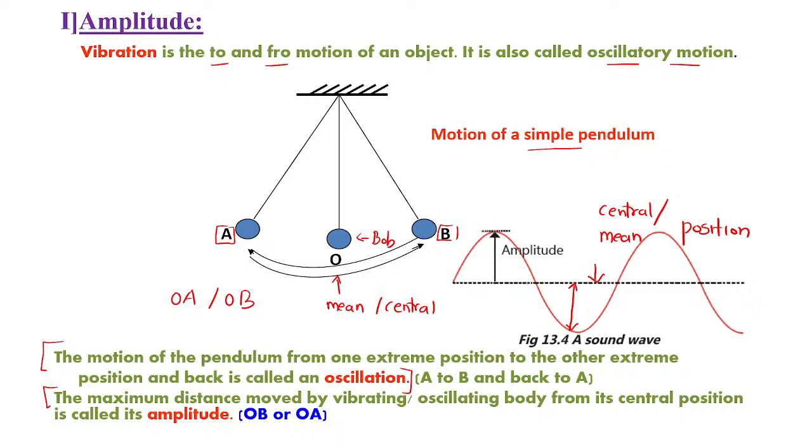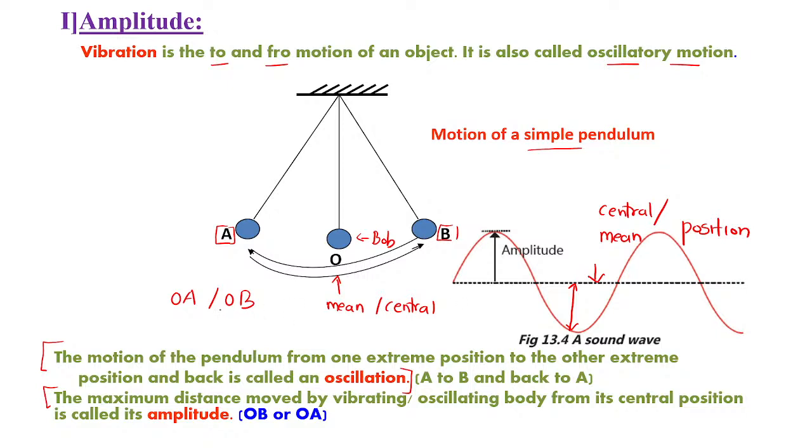First of all, to understand amplitude, we have understood what oscillation is. Back and forth movement is termed as oscillatory motion, and we have understood what one oscillation is. The motion of the pendulum from O to A, from A to B, and from B back to A is termed as oscillation. The maximum distance covered by the vibrating body from the central position to one extreme end is termed as amplitude.